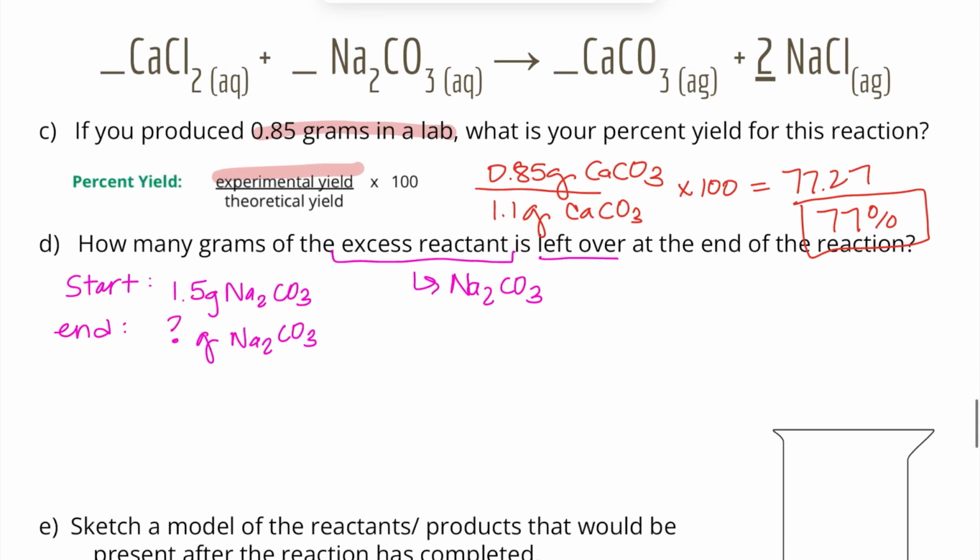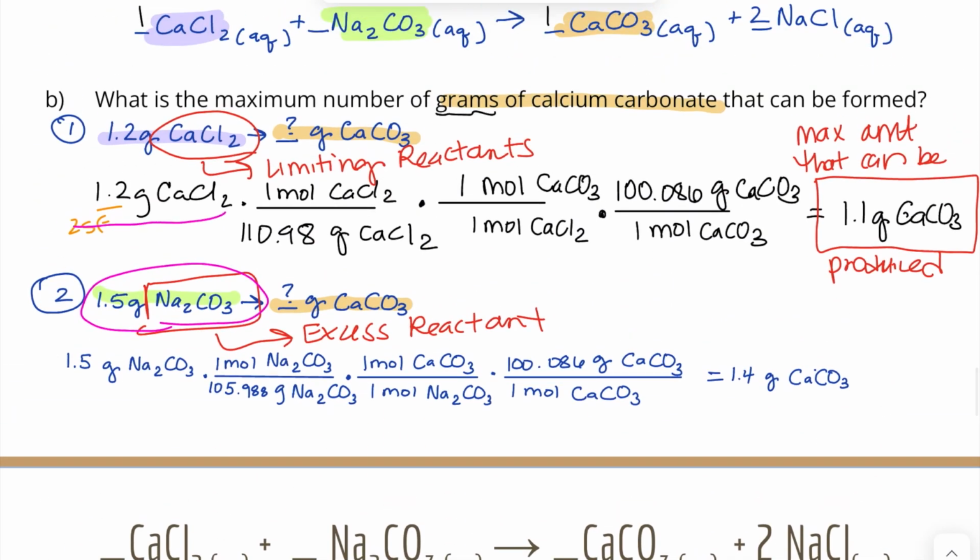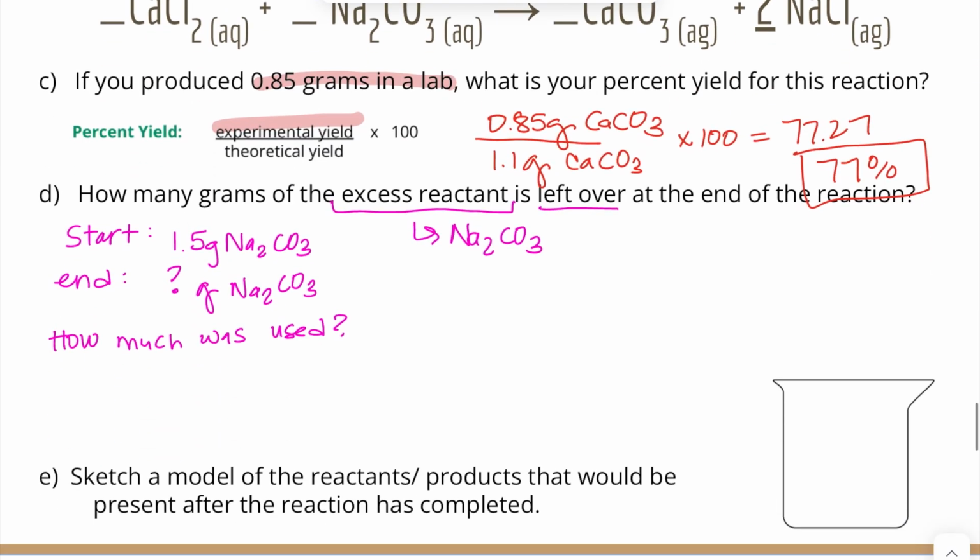So we need to figure out how much was used. And so we need to look at something that we know is completely used up. We know we used up all of this 1.2 grams of calcium chloride. So let's see how many grams of sodium carbonate are required to do that.